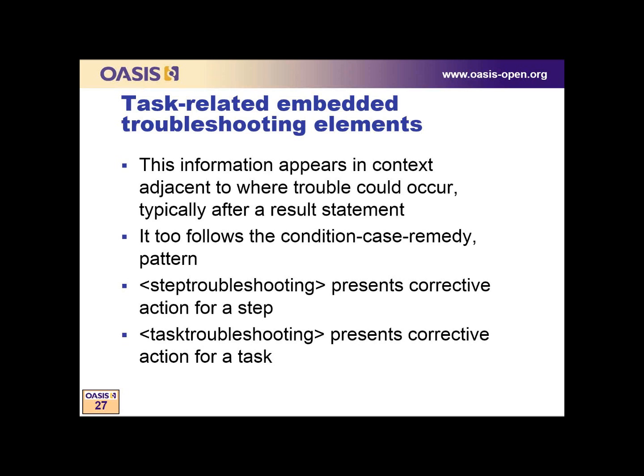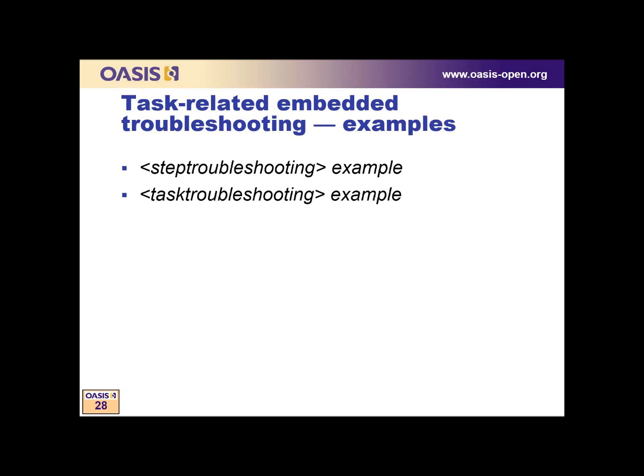In these cases too, once again, we're following the condition cause remedy pattern. It just happens a lot quicker because the information is usually briefer. And so the two element type names are step troubleshooting and task troubleshooting. I'm going to go ahead and go to another example here.